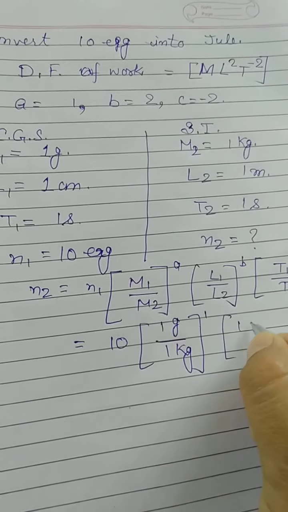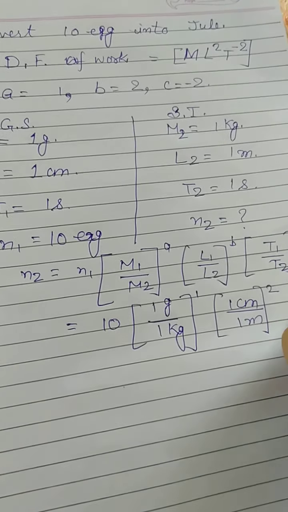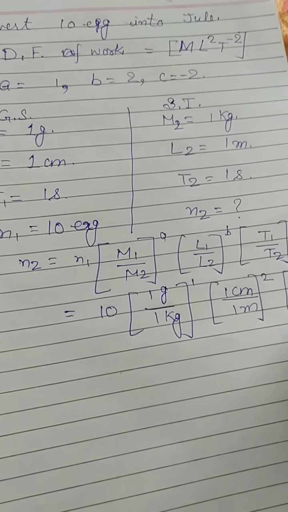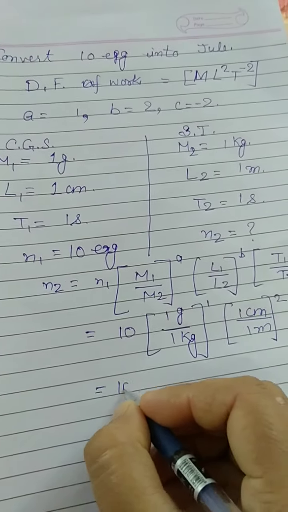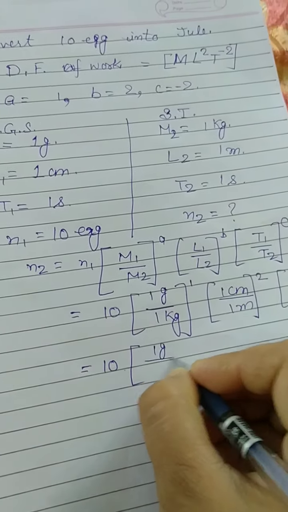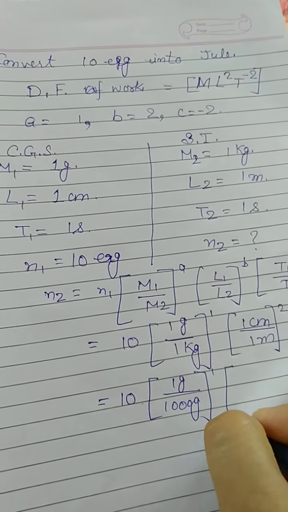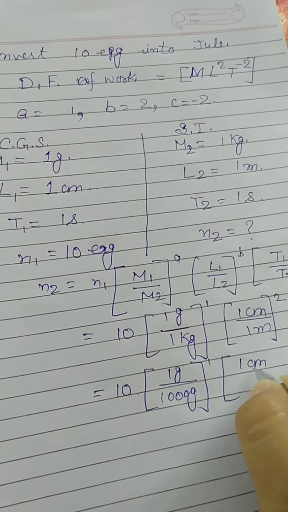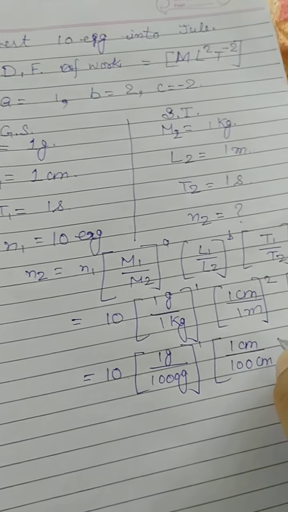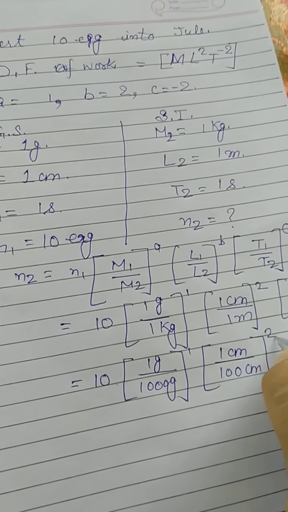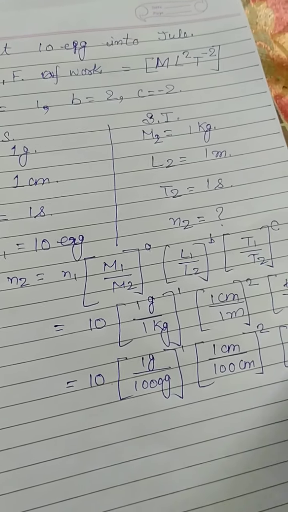Now L1 is 1 centimeter, L2 is 1 meter with power 2, and 1 second by 1 second power minus 2.